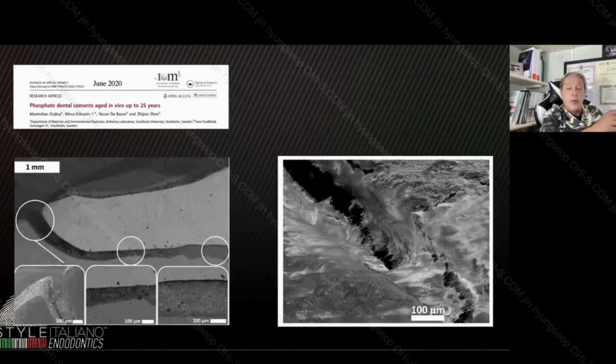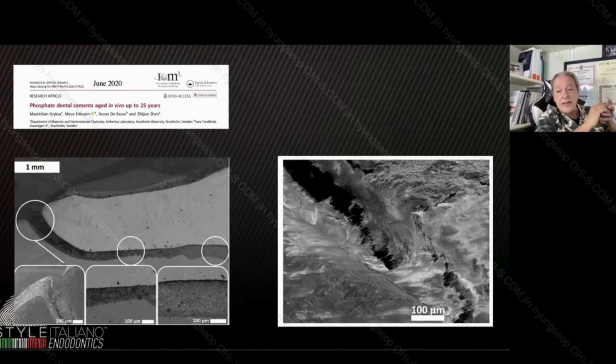So, what was the fate of this material? Invariably, there is a gap between our restoration, especially an indirect restoration, and the margin of the preparation. As we see with these micrographs, a gap exists.